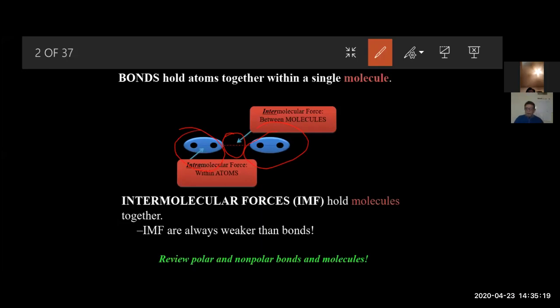Some of them are pretty strong, and some of them are fairly weak. We will talk about 4 of these types of forces. These forces determine the properties of a lot of chemicals, why some chemicals boil at a very high temperature and others boil at a very low temperature. They're all related to the intermolecular forces, and to a compound being polar or non-polar.